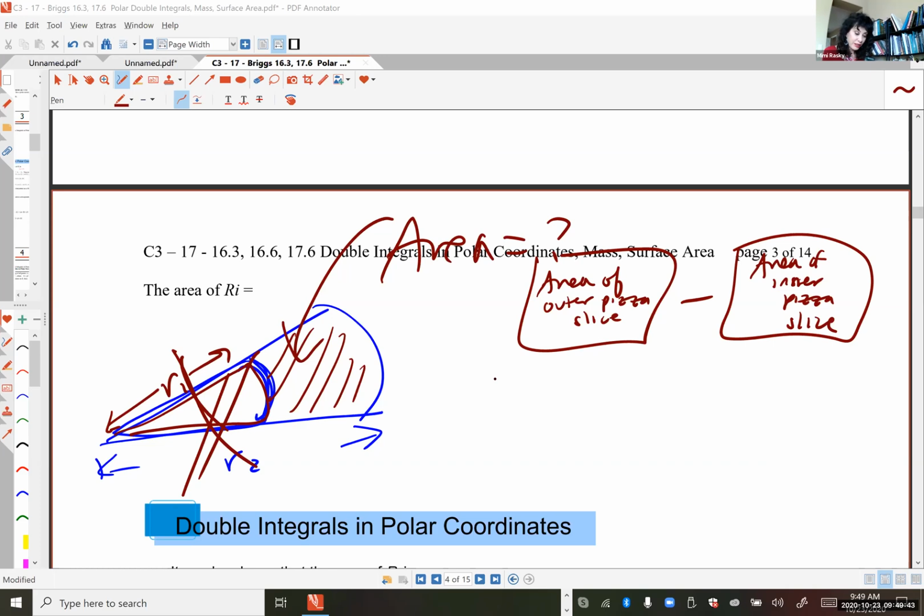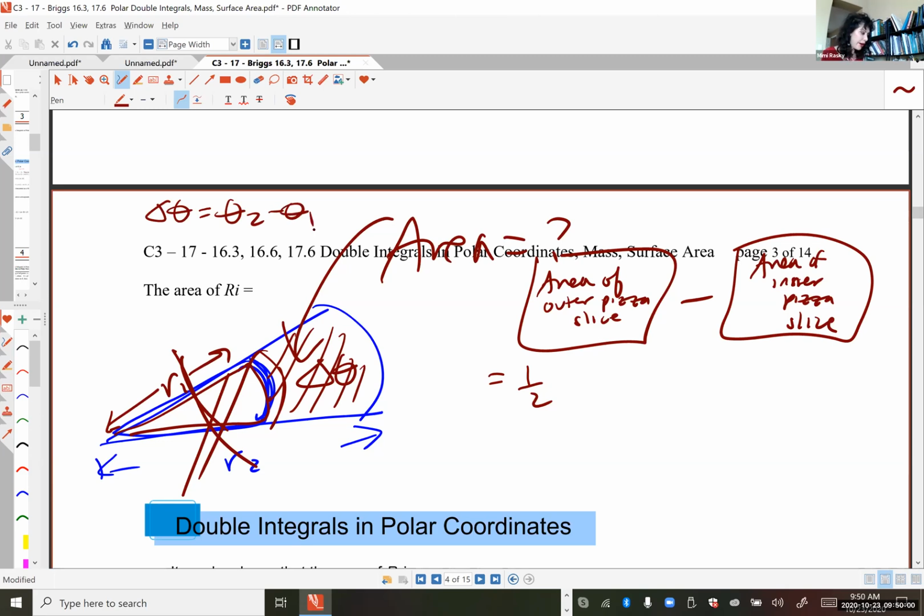Well, knowing now what the area of a pizza slice is, you're going to go one half the angle, and let's say this angle here is delta theta, which is the same for both pizza slices. So delta theta is theta 2 minus theta 1.